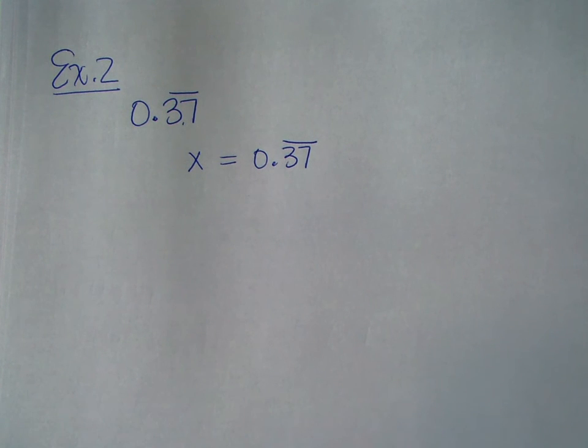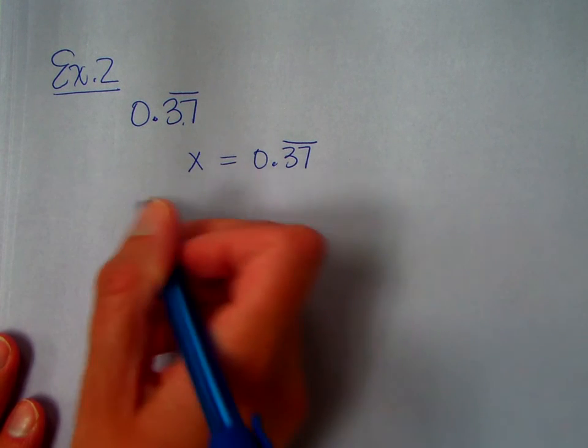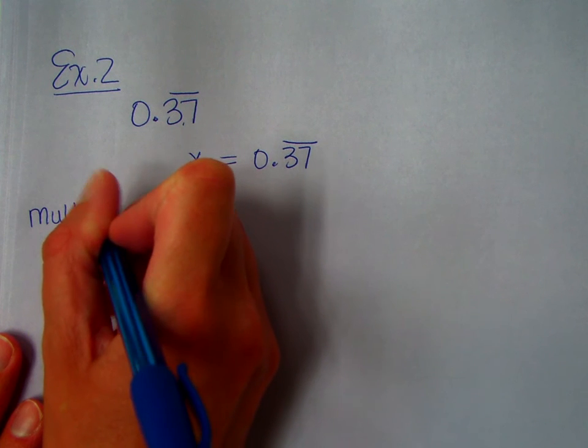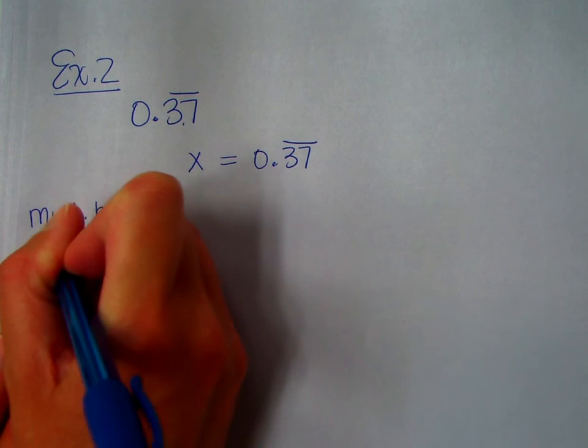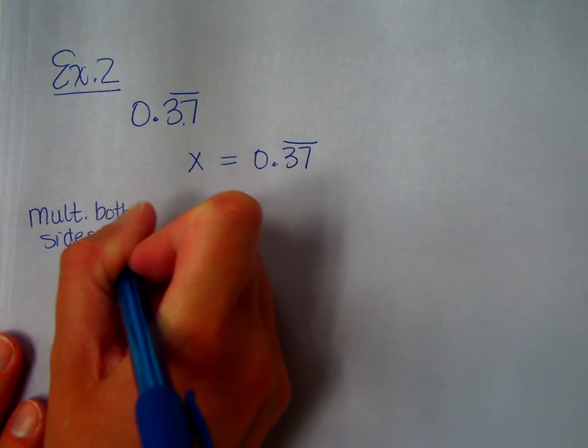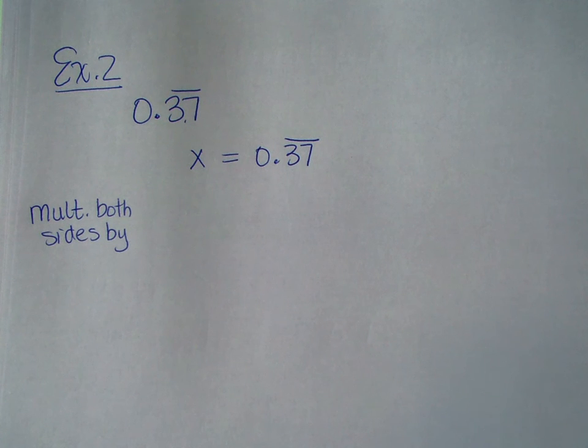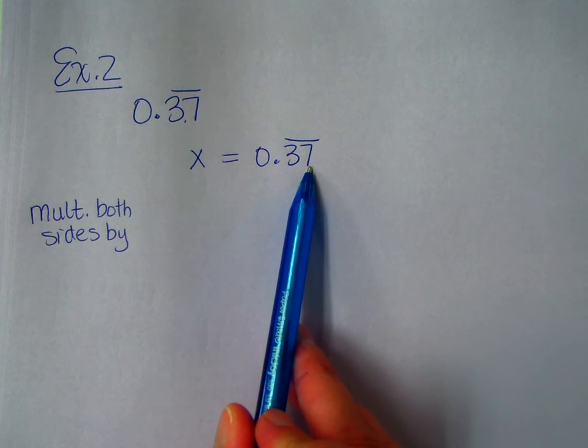Now on this one, what am I going to multiply both sides by? What do I want to multiply both sides by on this one? Yeah, by the place value. What place value do we go to? The hundredth.